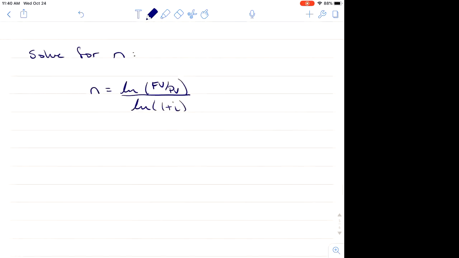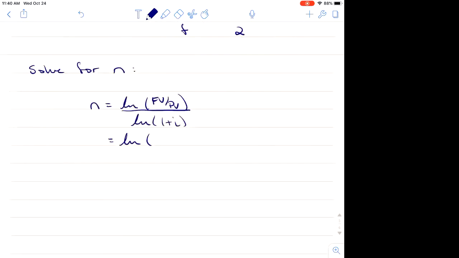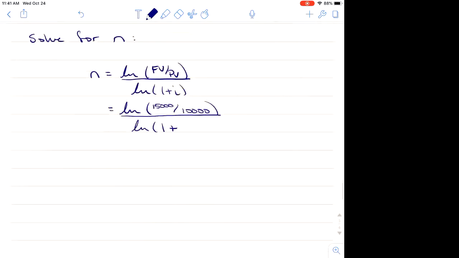So far, so good. The log of the future value is 15,000 divided by the present value, which is 10,000, over the log of 1 plus i, which is 0.04.